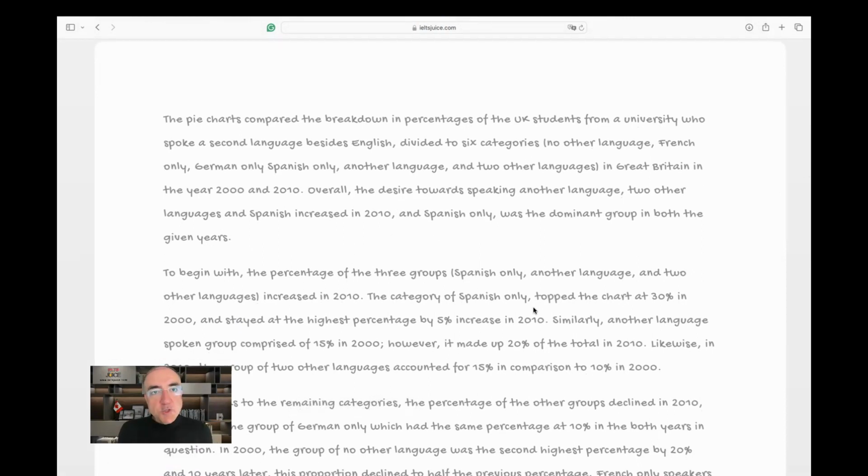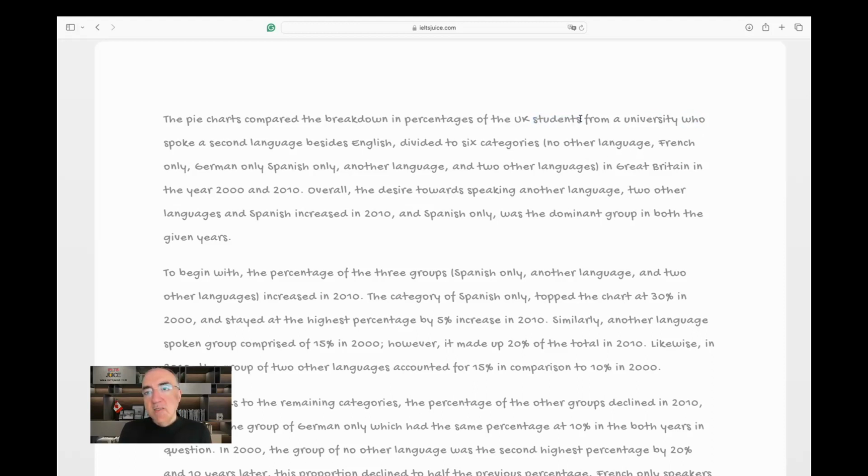Okay, the pie charts compared the breakdown. We could say compare, but it's also fine. The breakdown in percentages of the UK students from a university who spoke a second language besides English. Just because a university is not a person, so this who refers to all the way to these students.